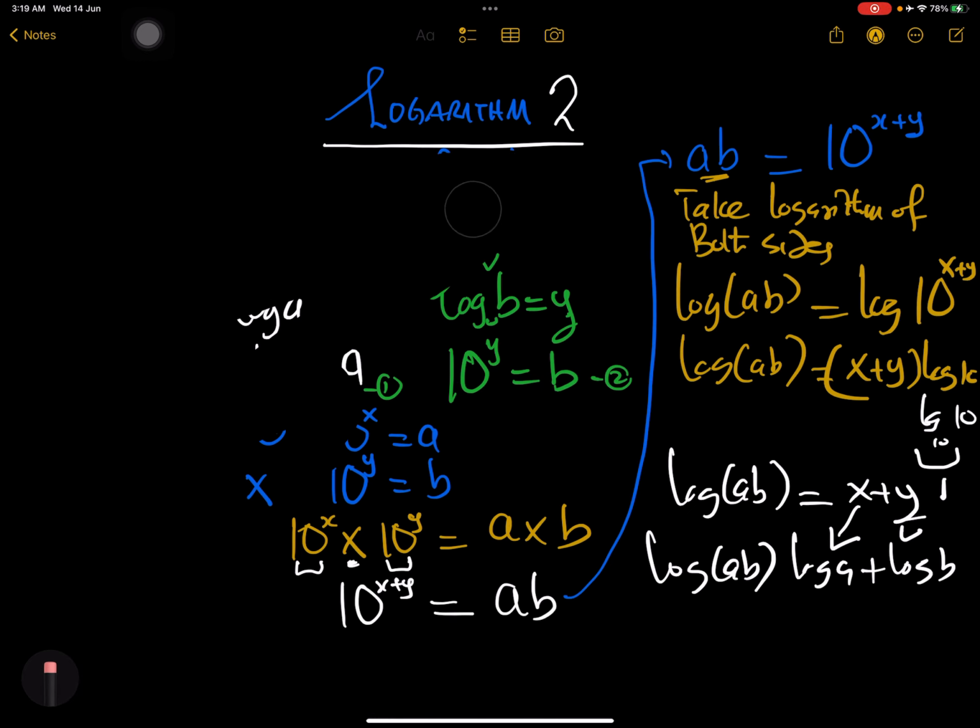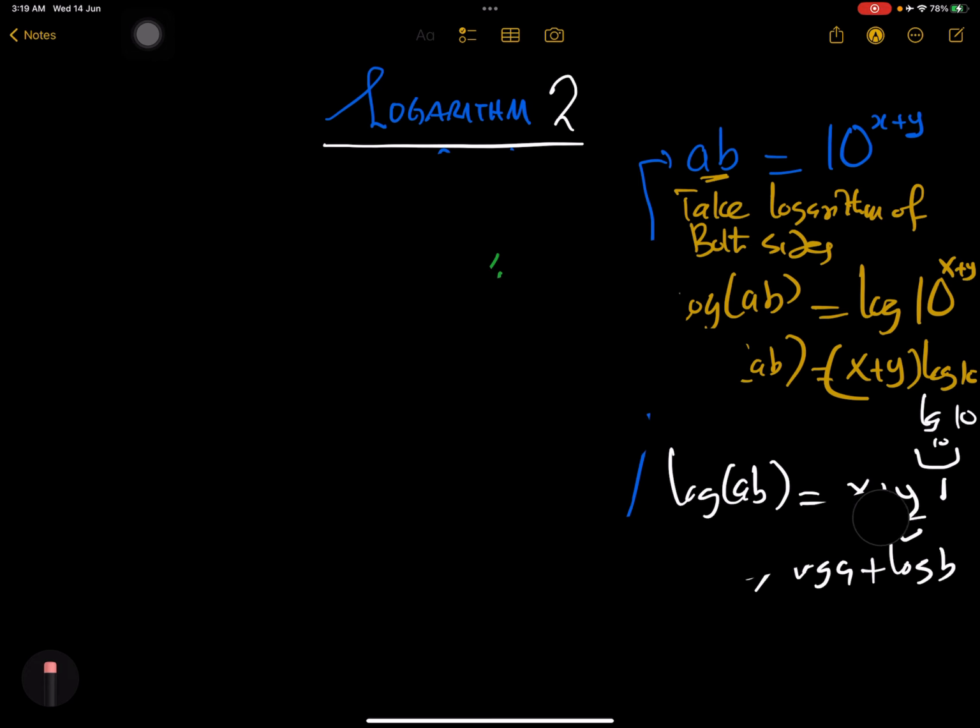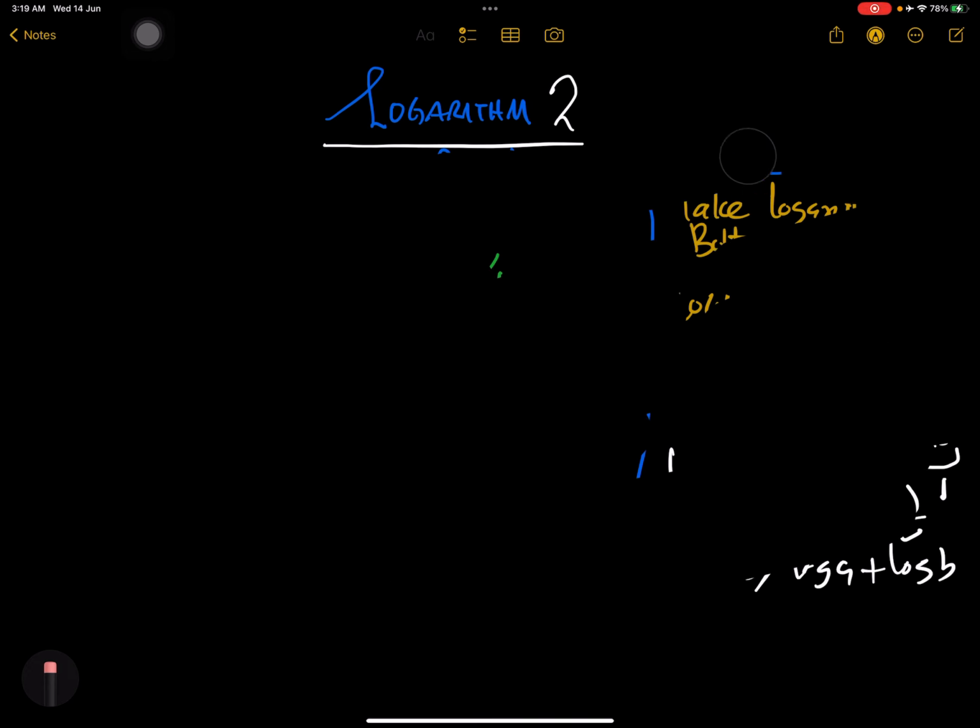Now we're going to look at the third law. I think it's similar to what we just did.